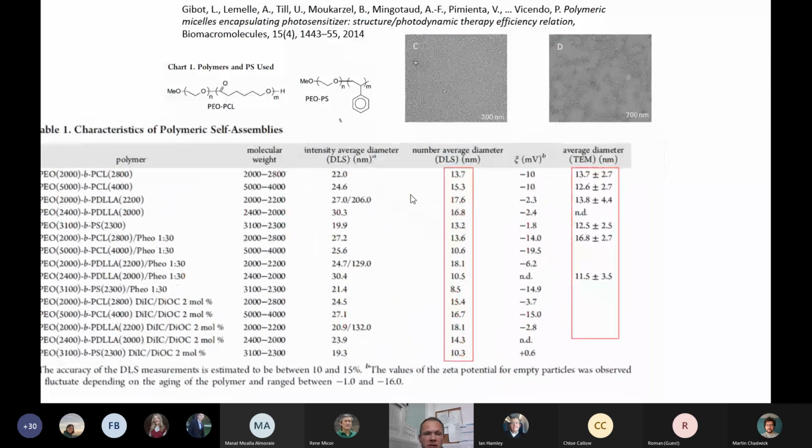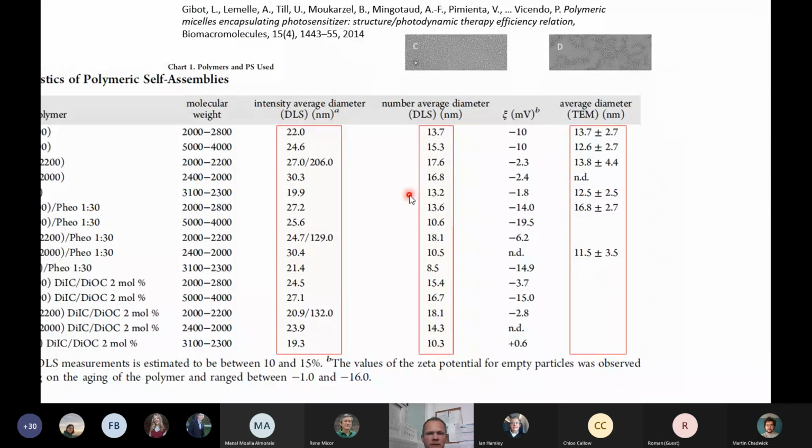And that was nicely demonstrated by a group of French scientists. They measured nanoparticles formed from polymers, and they measured the intensity average diameter for a variety of nanoparticles, and then they converted it to number average diameter. They also compared it with the average diameter from transmission electron microscopy. You can see here that the intensity average diameter is much higher than the number average, and higher than the diameter from transmission electron microscopy.